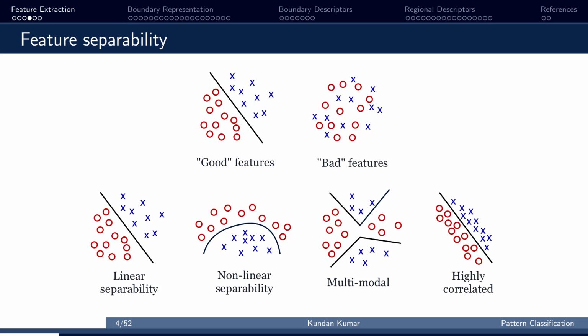Based on separability, we can categorize the features as linearly separable features, non-linearly separable features, multimodal features, or highly correlated features. These are the different categories, and we can represent them using figures, that is, the position of the feature vectors in the feature space.